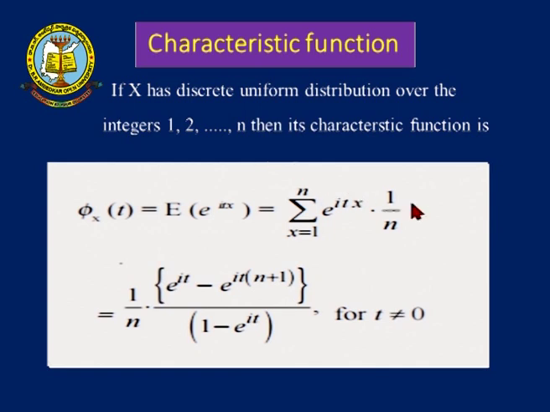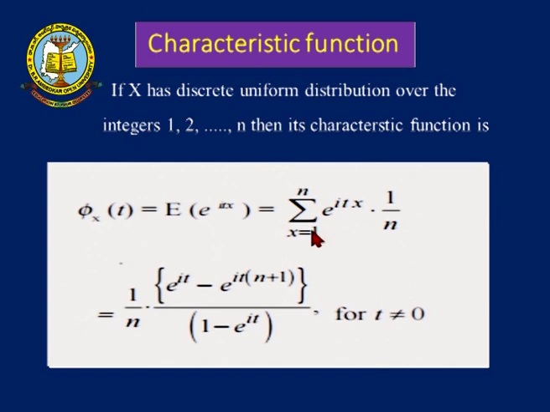That is 1 by n. Again the same thing applies here: 1 by n is independent of the summation, so we take it outside the summation. Then we can expand e to the power of itx.